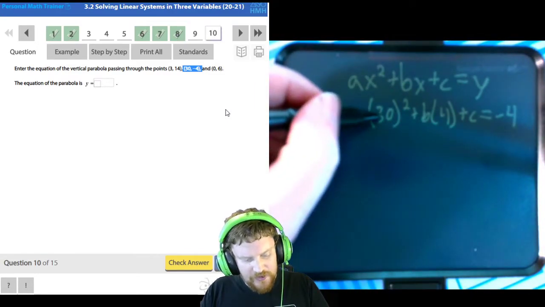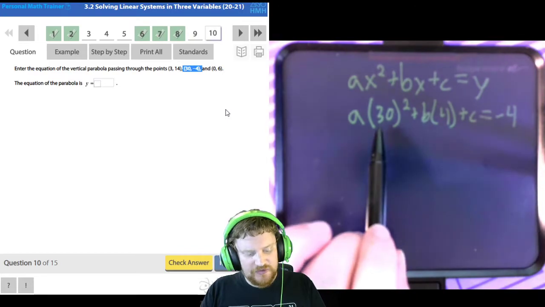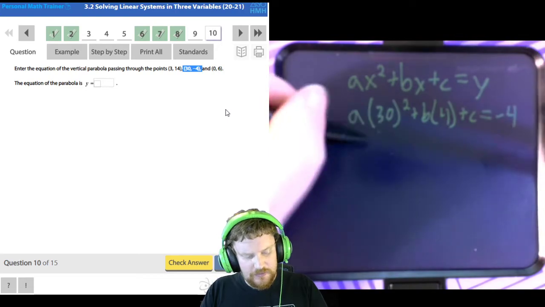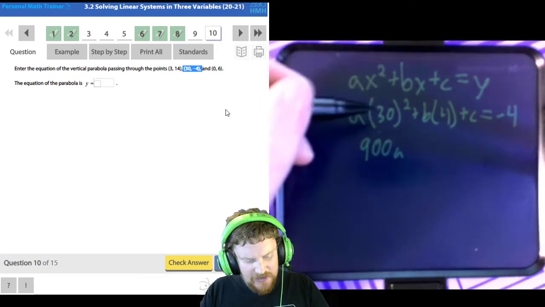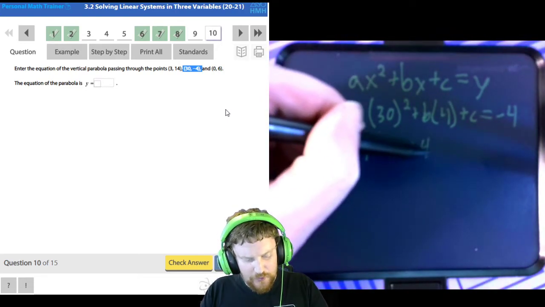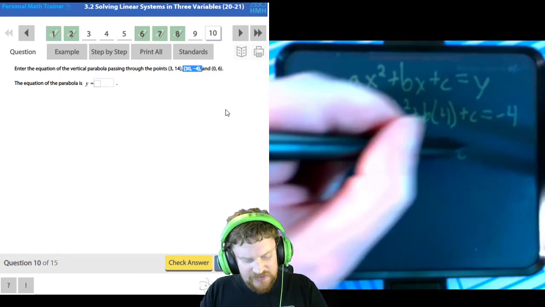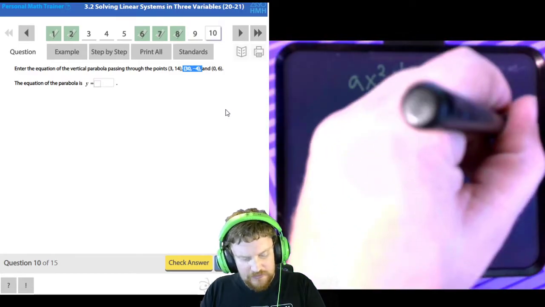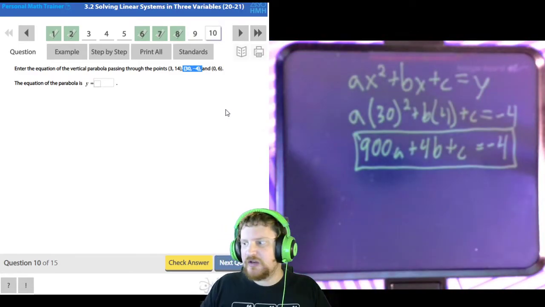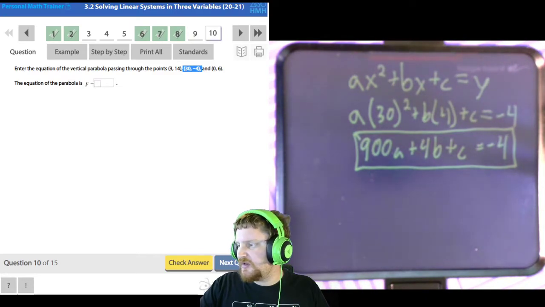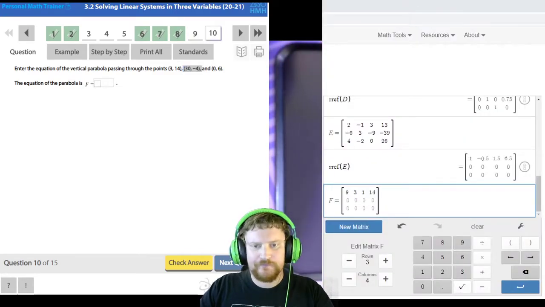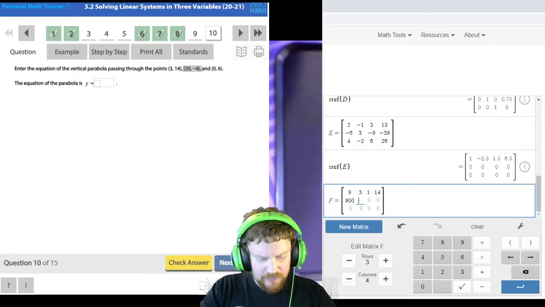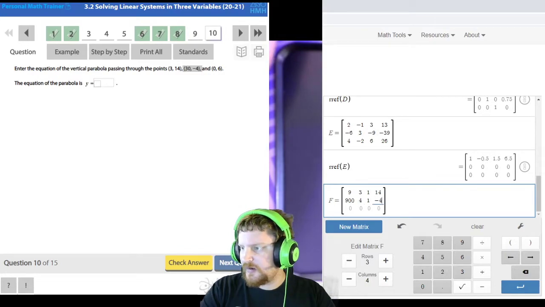So I have 30 squared is 900 because 3 times 3 is 9 and 10 times 10 is 100. This is my second equation, which I can put up on Desmos.